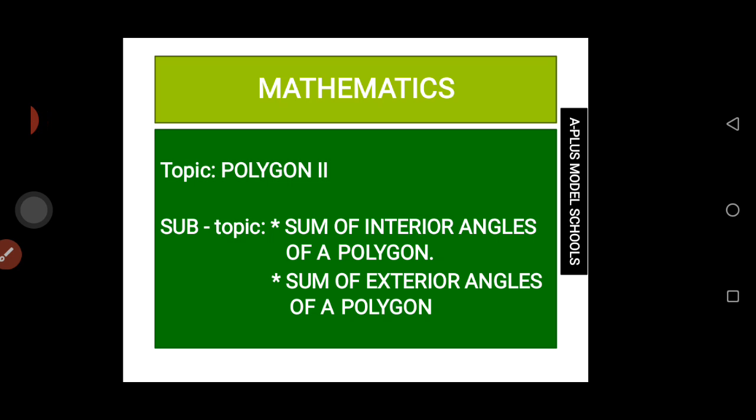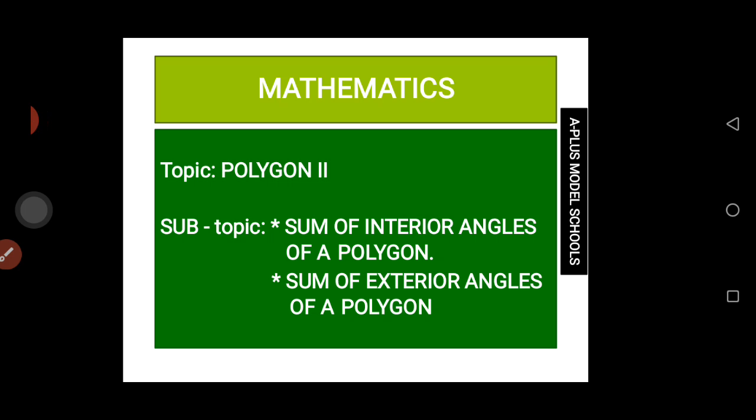We also looked at the types of polygon, such as concave polygon and convex polygon. We also looked at the number of sides of a polygon: you can only give a polygon its name depending on the number of sides it has.